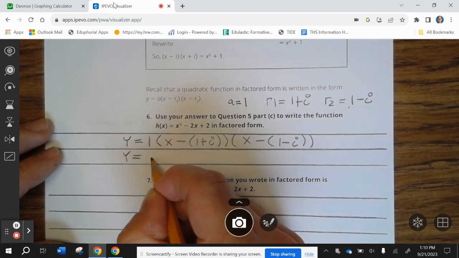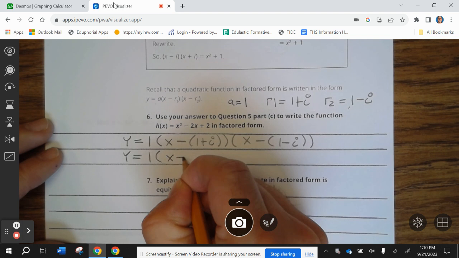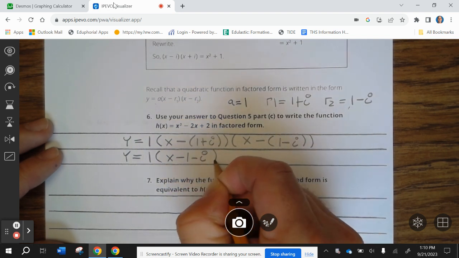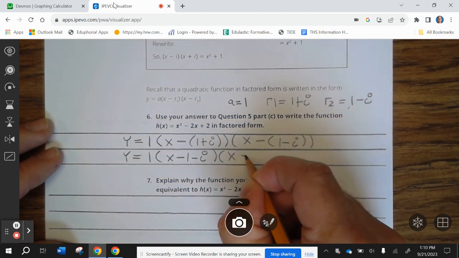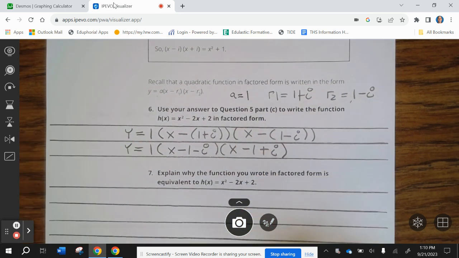So y equals 1(x minus 1 minus i)(x minus 1 plus i). Okay?